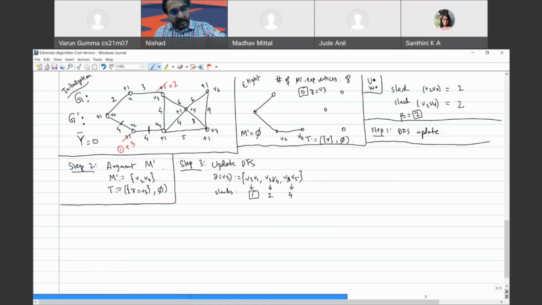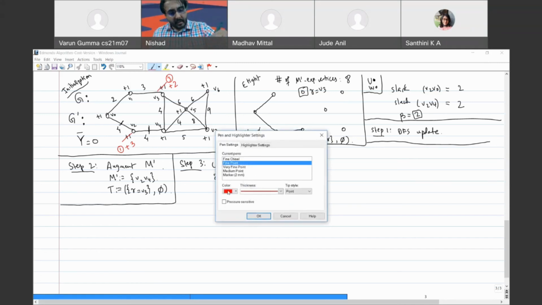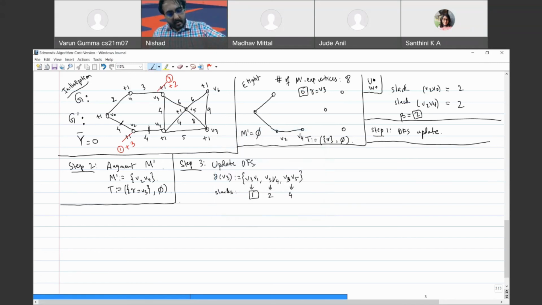And this was done in step 3. All right. And let's see how the tight graph evolves. So this edge v1 v3, its slack has now become 0, right?